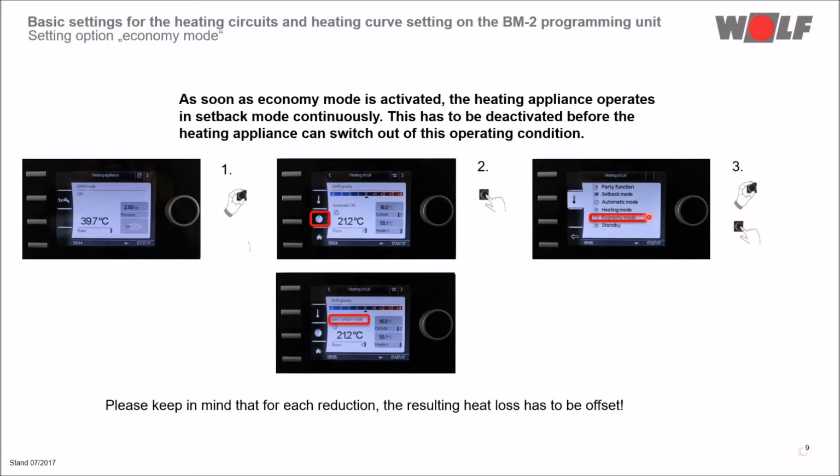If automatic mode is then required instead of economy mode, for example, this is set using the same procedure as before the economy mode. This automatically deactivates economy mode. Please note that here too, the heating appliance has to offset the heat loss.